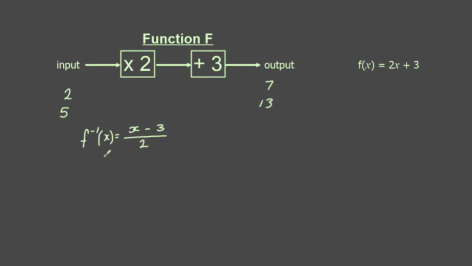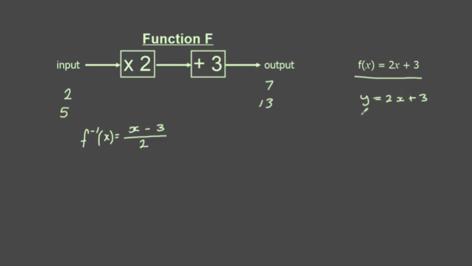We can also find the inverse function algebraically by changing the subject of the formula. So if we start with f of x equals 2x plus 3, and we rewrite it as y equals 2x plus 3. So x is the input and y is the output.